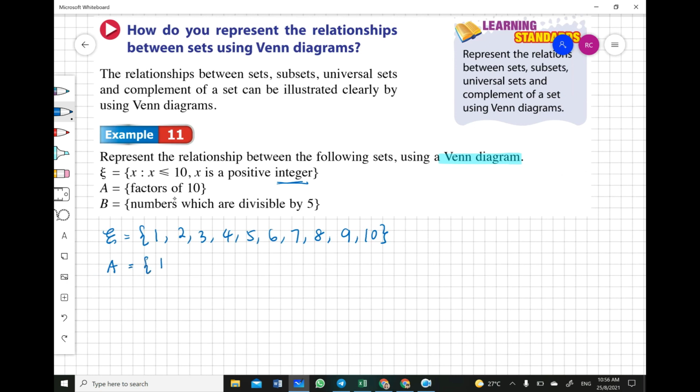The factors of 10 are 1, 2, 5, 10. Correct. After that, B is the numbers which are divisible by 5. What number over here is divisible by 5? 5, right? 5 is divisible by 5, boleh dibahagi dengan 5. And also 10. 10 is divisible by 5.